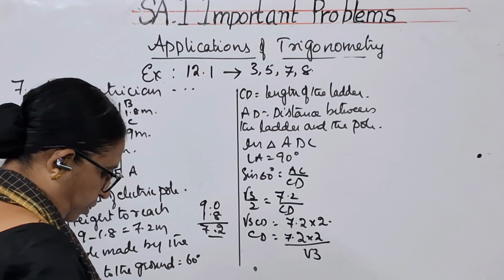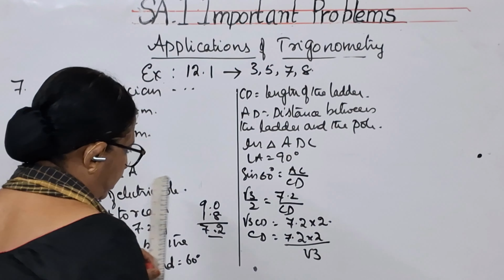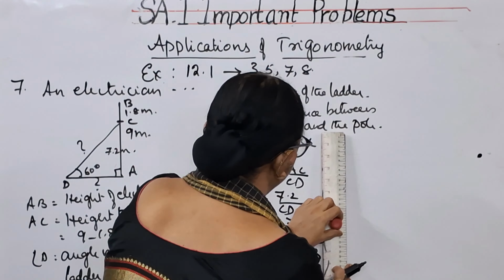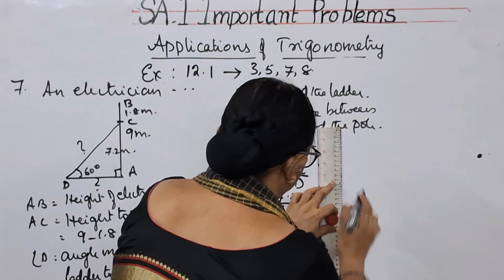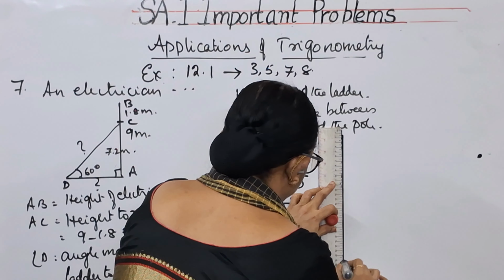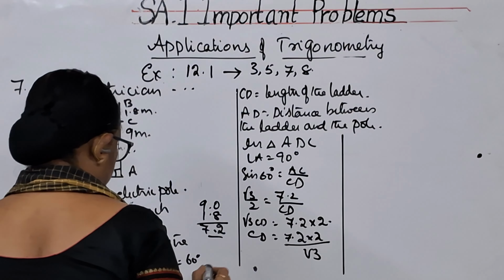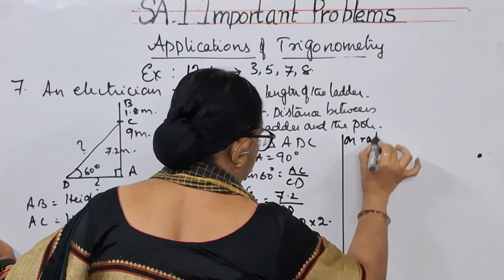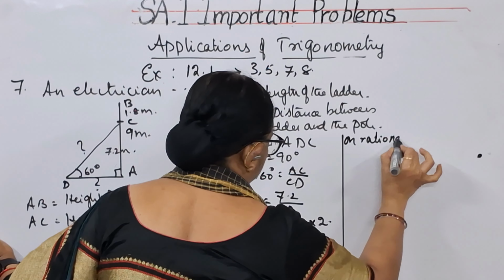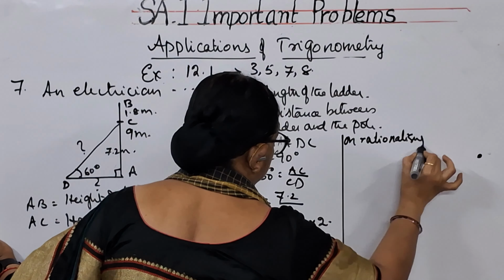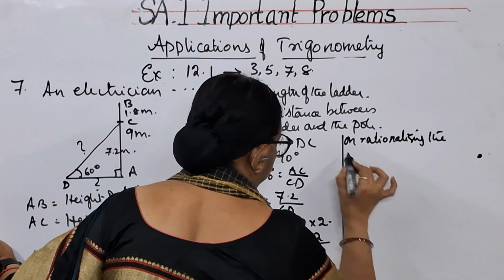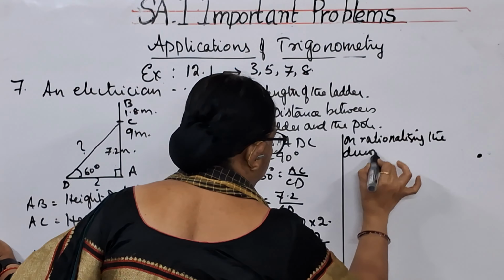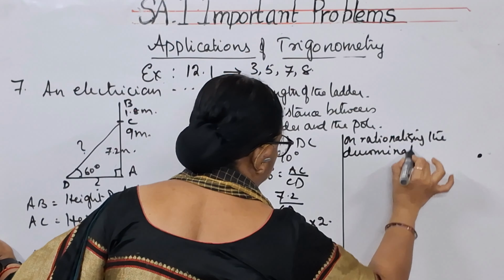So, here you are rationalizing the denominator.